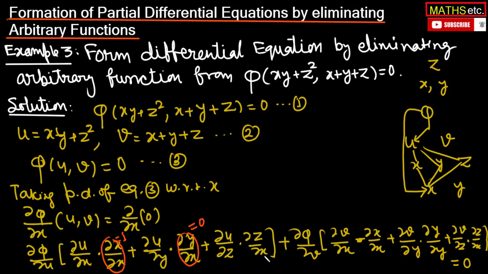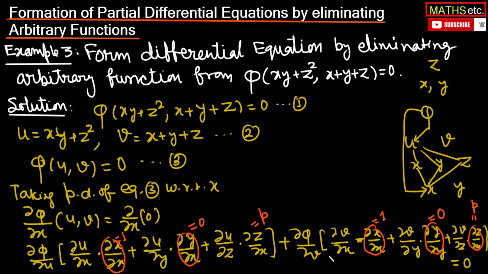Partial derivative of z with respect to x, we will denote it by letter small p. Again here, partial derivative of x with respect to x is equal to 1, partial derivative of y with respect to x equals 0, and partial derivative of z with respect to x, again we denote it by notation p.